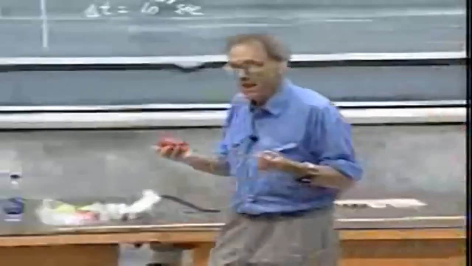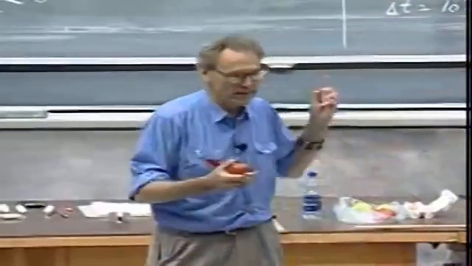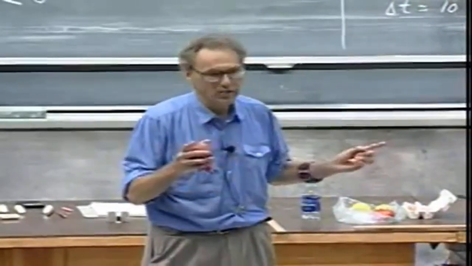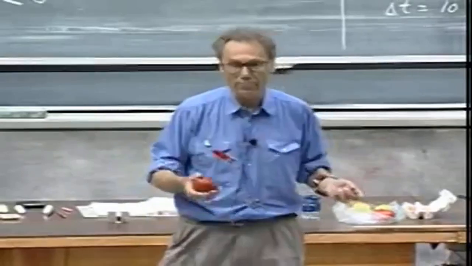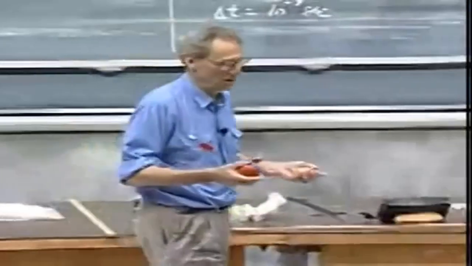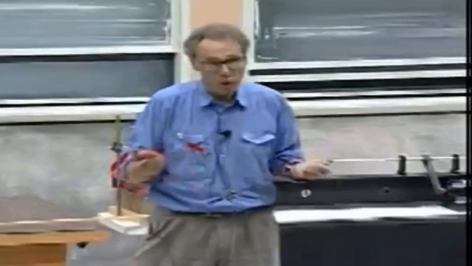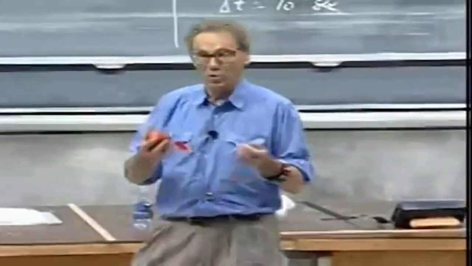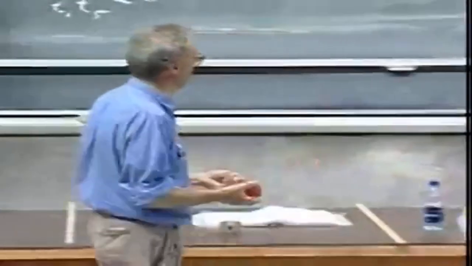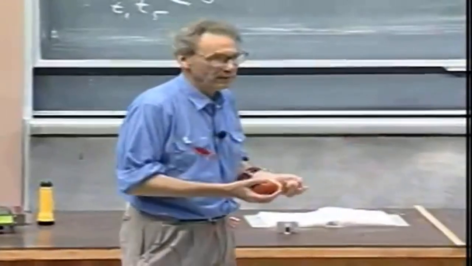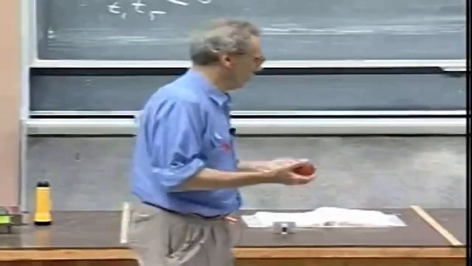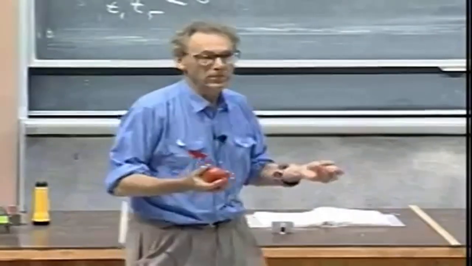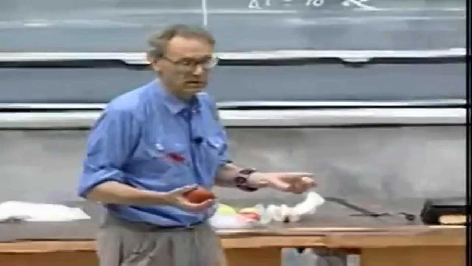So the change in velocity would not be 10, apart from the sign that you have to think about, but it would only be 5 meters per second. The impact time would probably be much longer, maybe a quarter of a second. So the average acceleration during the impact would be only 5 divided by 1/4, something like 20 meters per second squared.